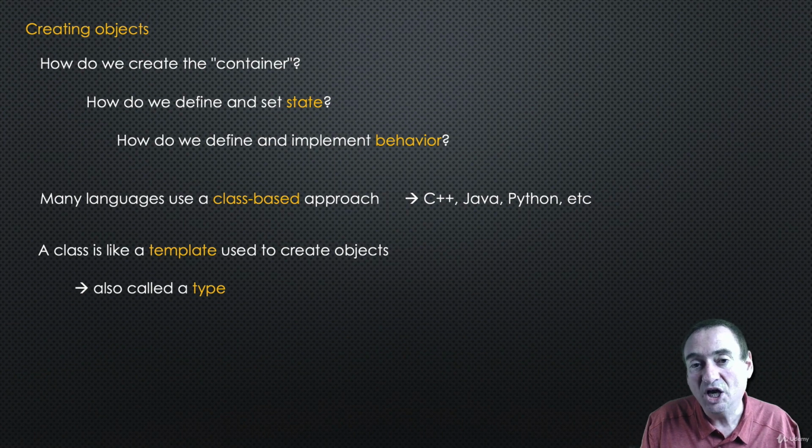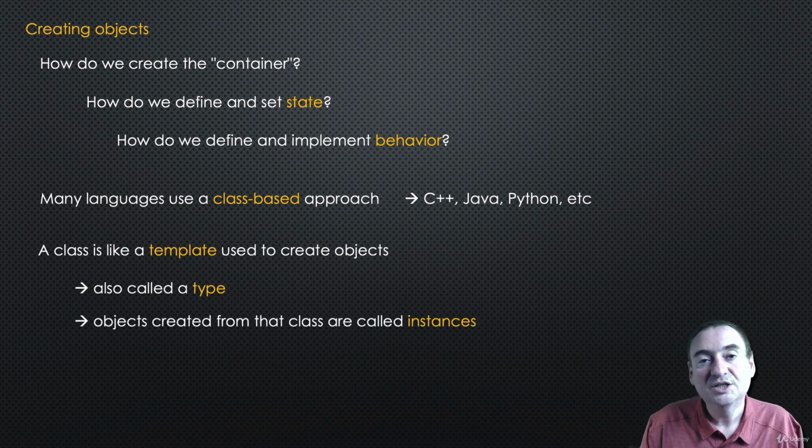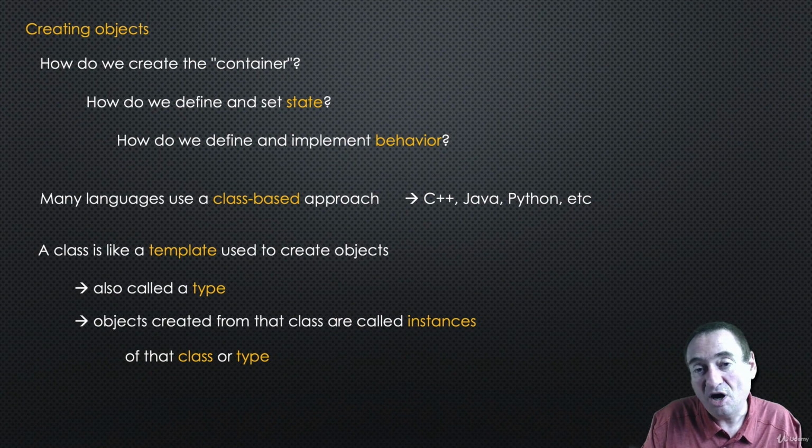So those are just synonymous terms. So objects created from that class are called instances. Just like we have an instance of a list or an instance of a dictionary, if we have a class called, let's say, car, we can have instances of the car type or the car class, and those are called instances of that class or of that type, right? So when we have, let's say, myCar, that's an instance of type car if we use the car class.